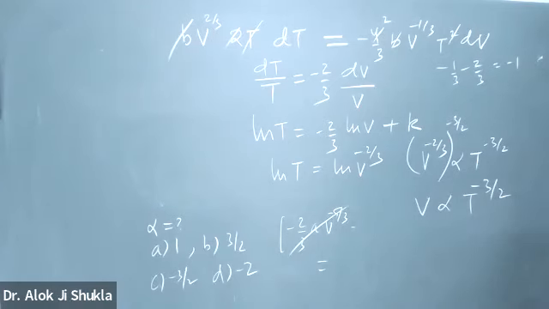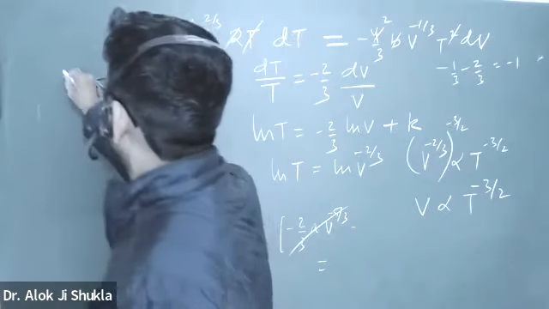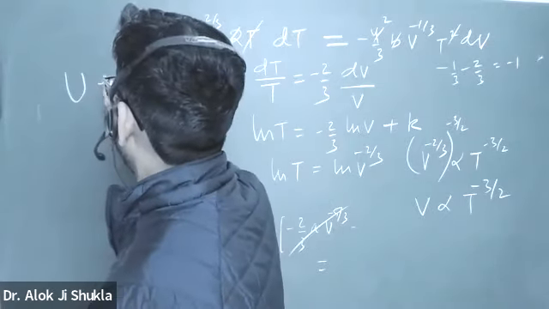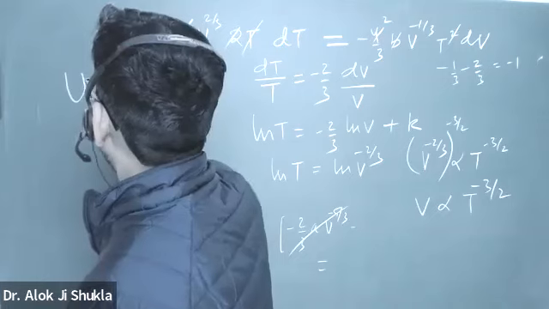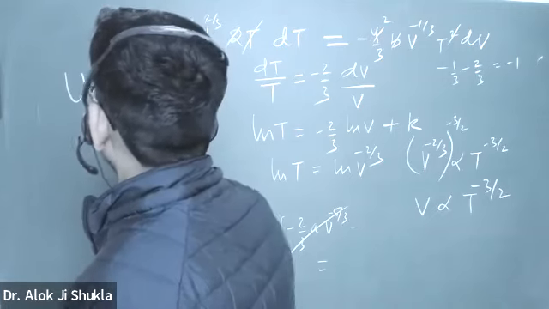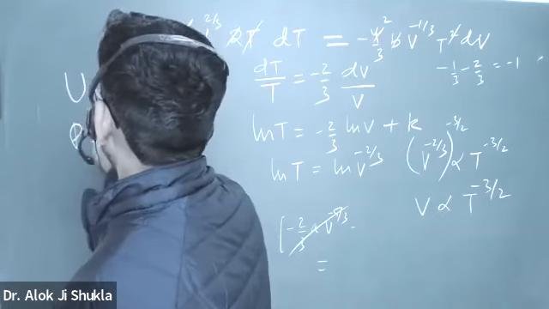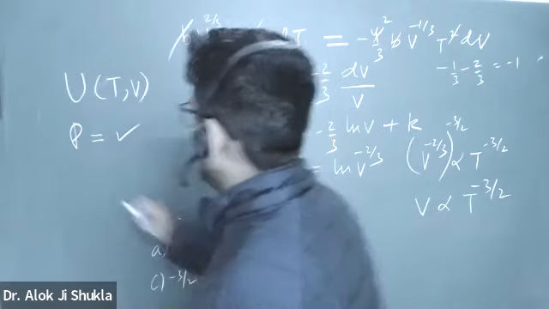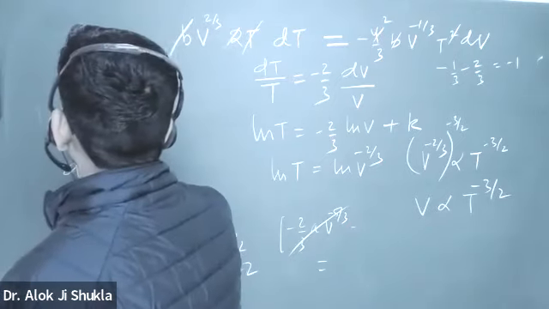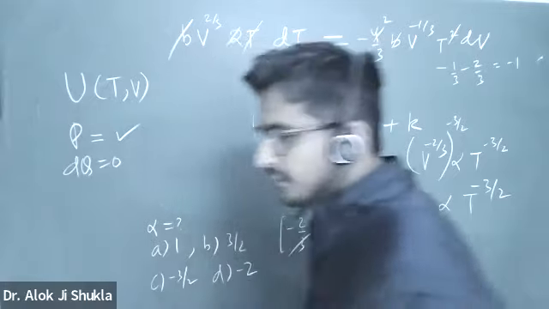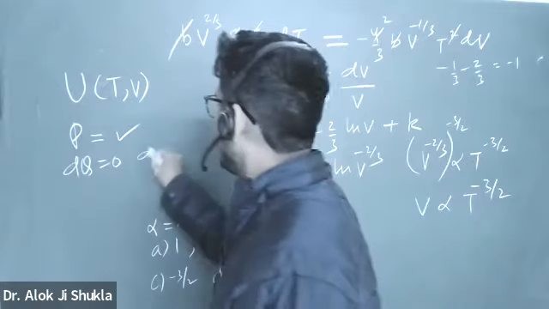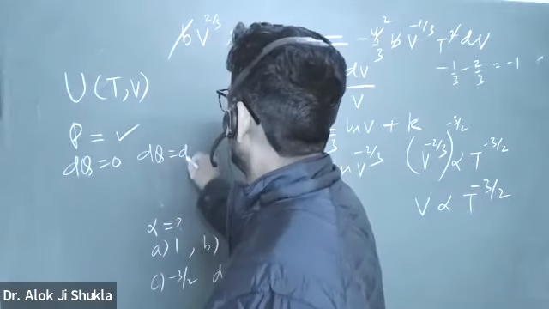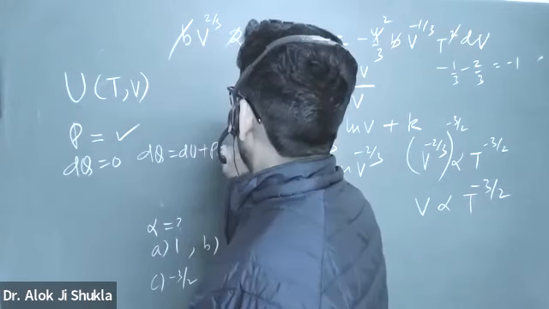Sir, I had a question. How did you know that I have to write du as a function of t and v? See, u is given as a function of t comma v. It is given. And pressure is given. And dq is equal to 0 is given. So the first step is that you will write dq is equal to du plus p dv.